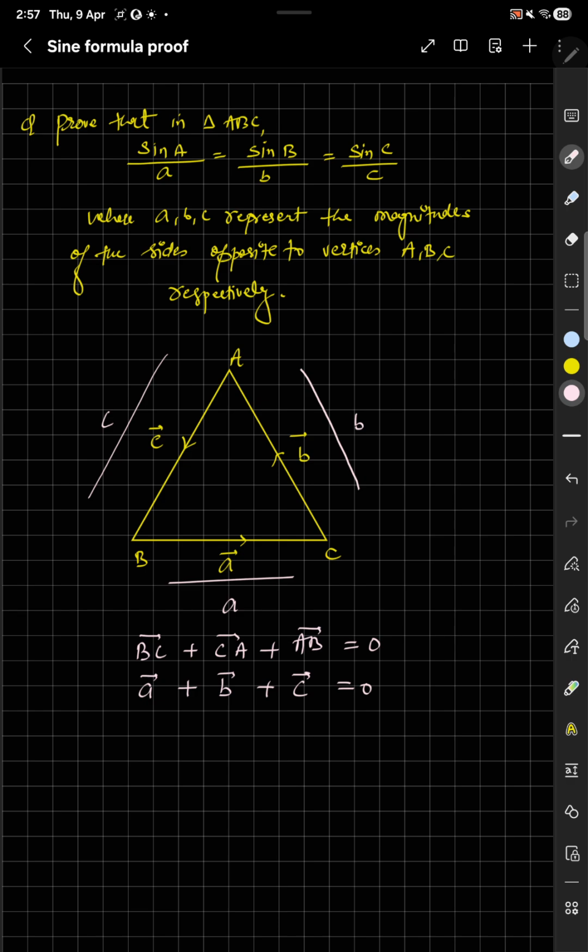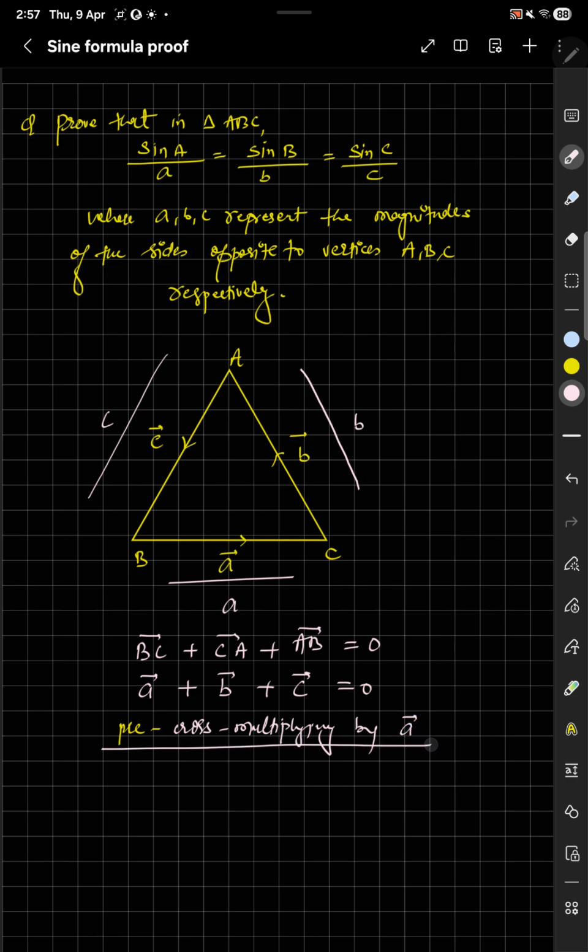Now what you have to do is pre-cross multiply by vector a.